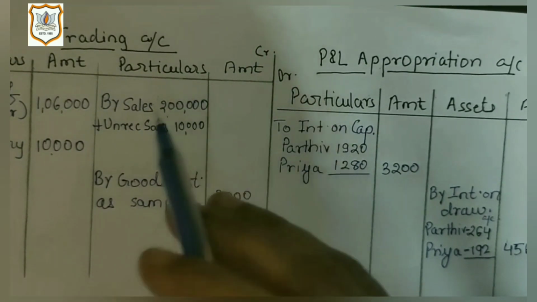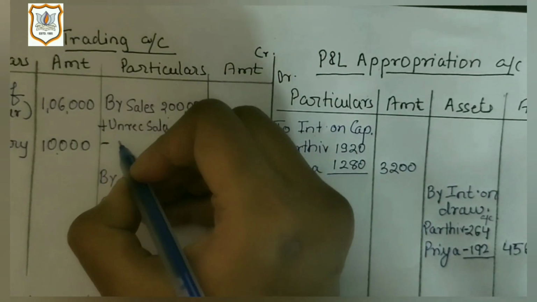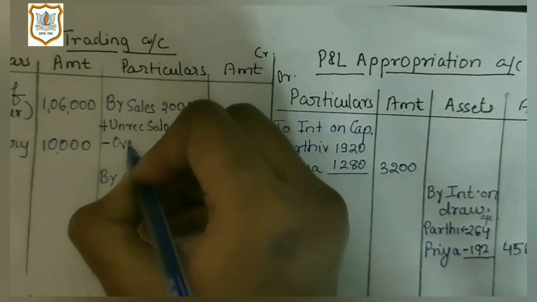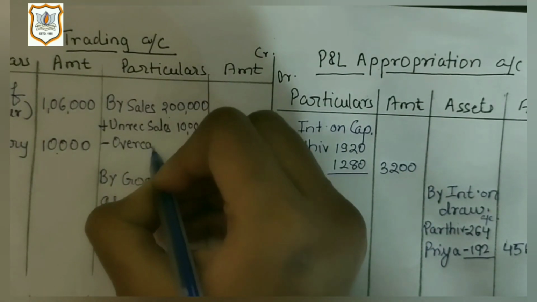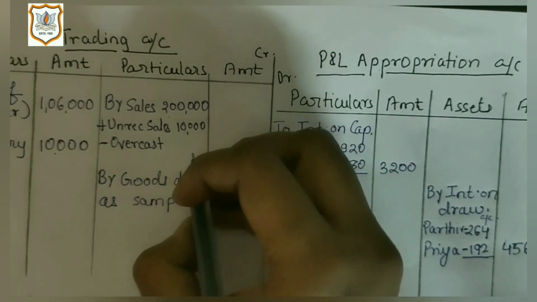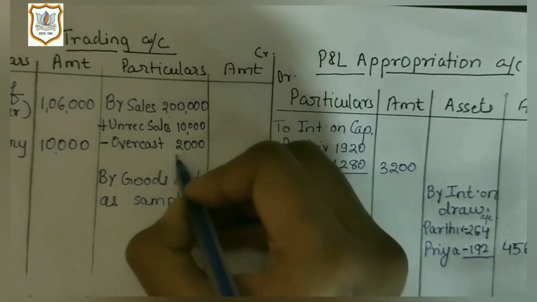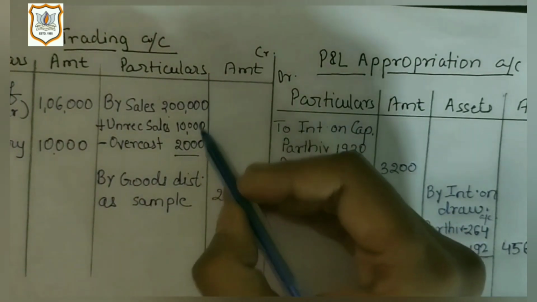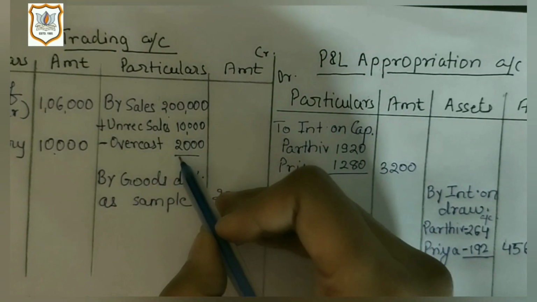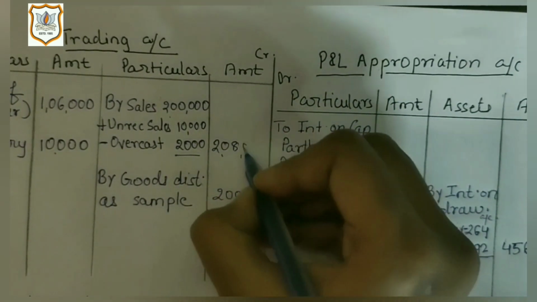So to get correct amount, we will deduct it. Overcast amount is 2,000. So by adding these two and by deducting 2,000, we will get 2,08,000 in outer column.